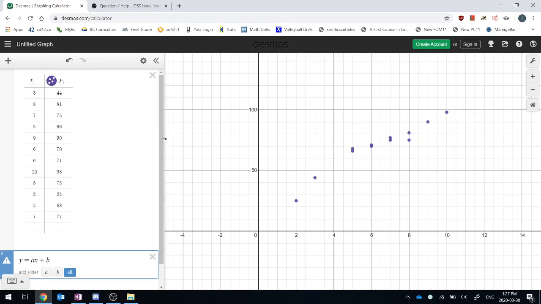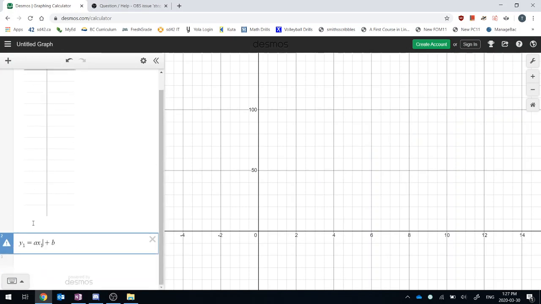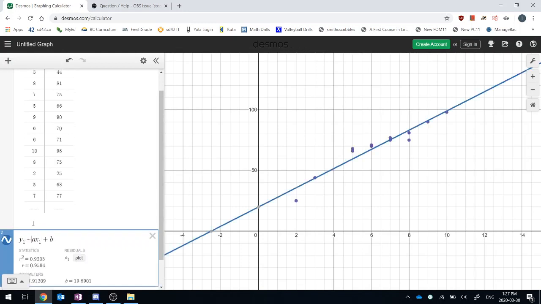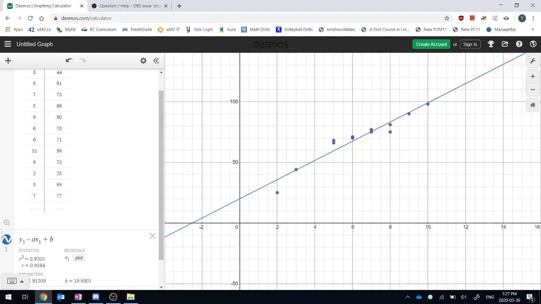We're using x1 and y1. So we have to make sure we change the y to y1, change the x to x1. And of course, instead of the equal sign, we need to use a tilde to provide for us the linear regression line that we have here. I don't want to use blue because we're already using blue for the points. So perhaps I will just use orange. And that's what we have there.